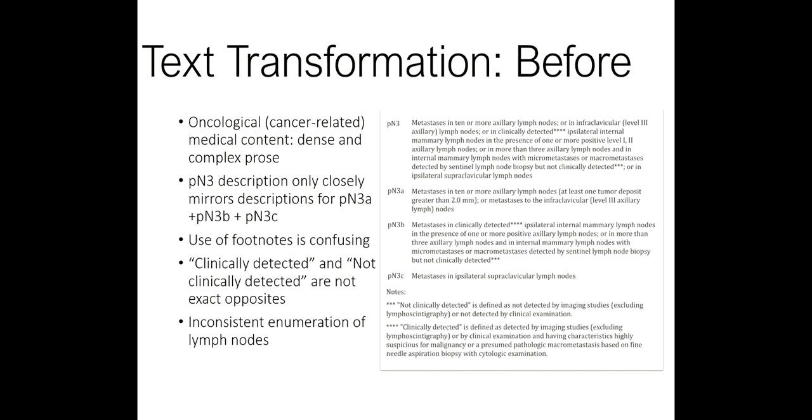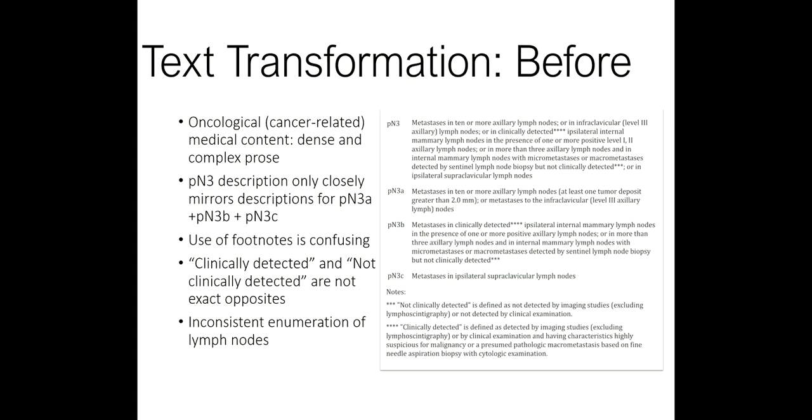In this before image, we have some medical content which is oncological, basically meaning that it was written for an audience of doctors who are trying to understand, diagnose and hopefully cure various types of tumors.